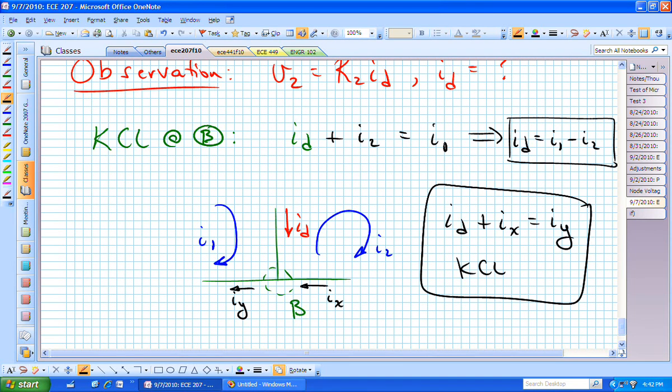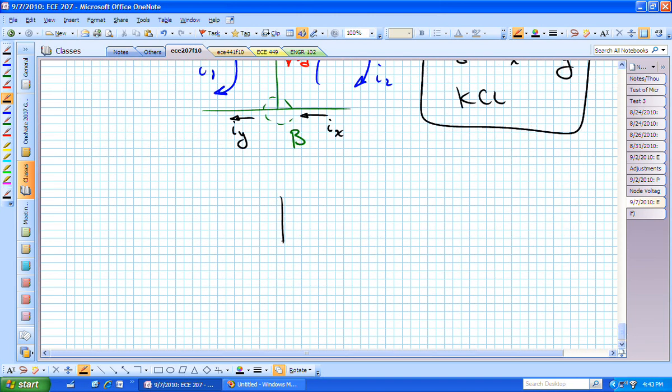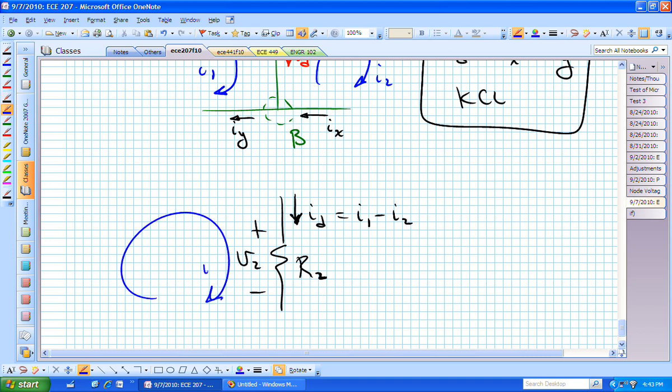That's V sub 2 as we defined it. Here was our R sub 2, here was V sub 2, and here was I sub d. But we just said that this was I1 minus I2 as we had defined it relative to I1 and I2.